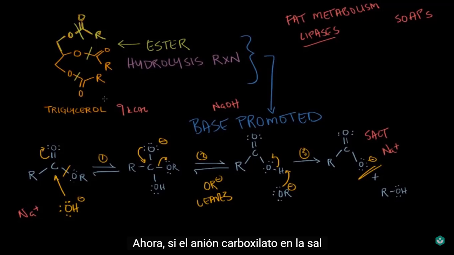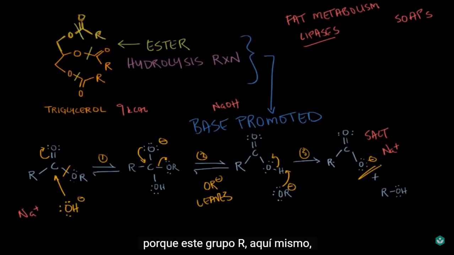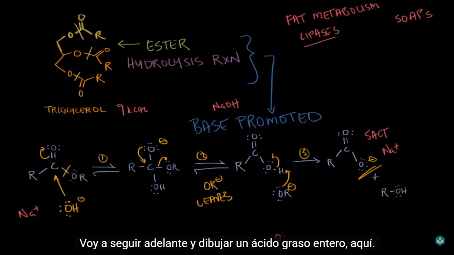Now, if the carboxylate anion in the salt that you just formed happens to be from a fatty acid, which is the case in this triglycerol, remember these are three fatty acids, then you have a really neat property in the product, because this R group right here is actually a really long tail. Remember with the fatty acid tails, I'll just go ahead and draw a whole fatty acid here.